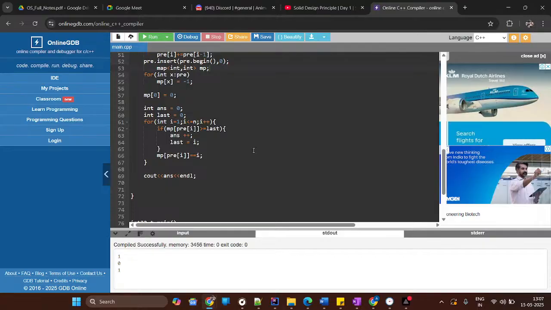And then my map, initially everything is minus 1. MP of 0, I found it as 0, which is greater equals to last. Answer equals to 1. And then MP of I again, 1 over.